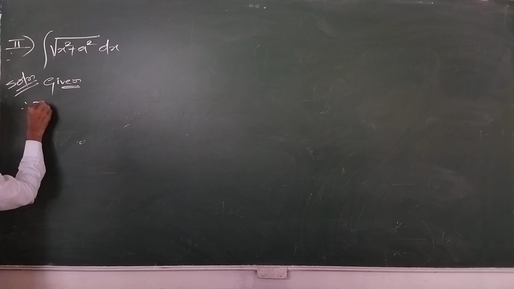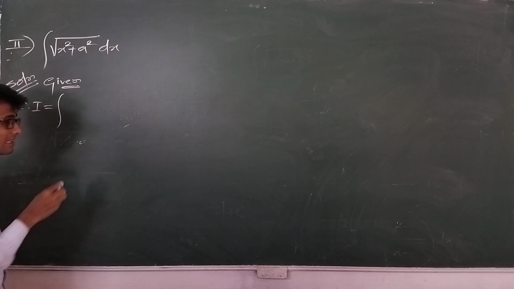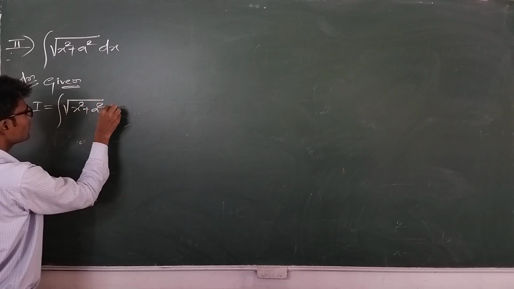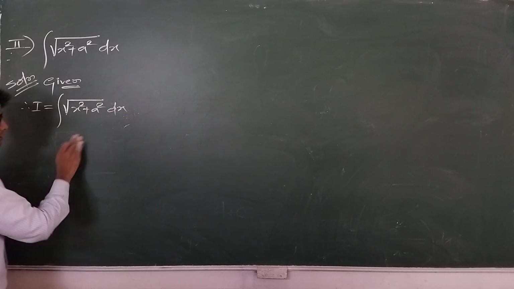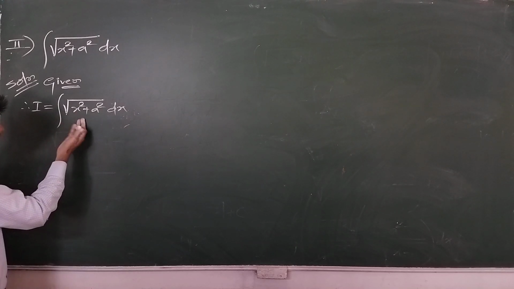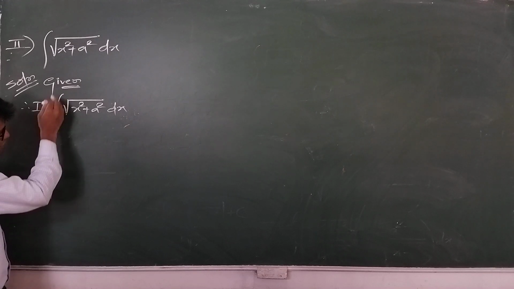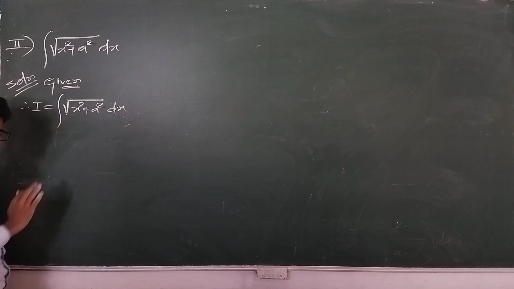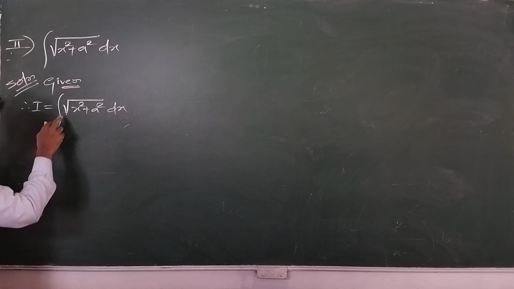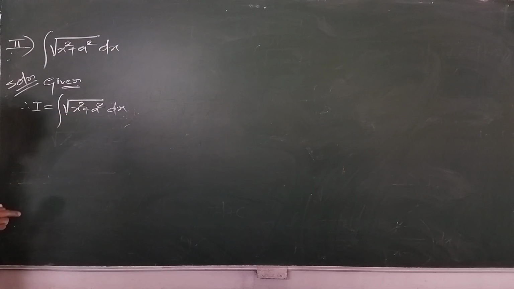So therefore I will take the value of I equal to integration of square root of x square plus a square into dx, and we are solving this by using the integration by parts formula. We are having only one term here, so I write the square root of x square plus a square as square root of x square plus a square into 1, right?